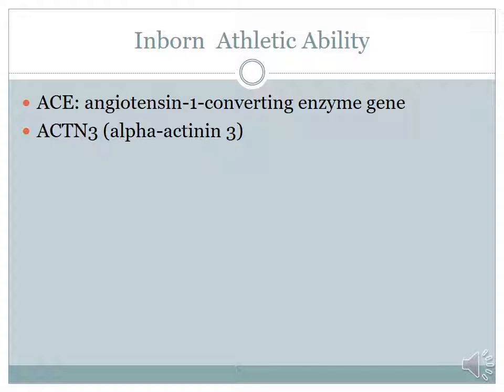The second commonly discussed athletic gene is ACTN3, alpha-actinin 3, which encodes a protein that binds actin, which, as you all know, is part of muscle contraction. We see that there are some genotypes that are more common among elite sprinters and another group which is found among endurance athletes.